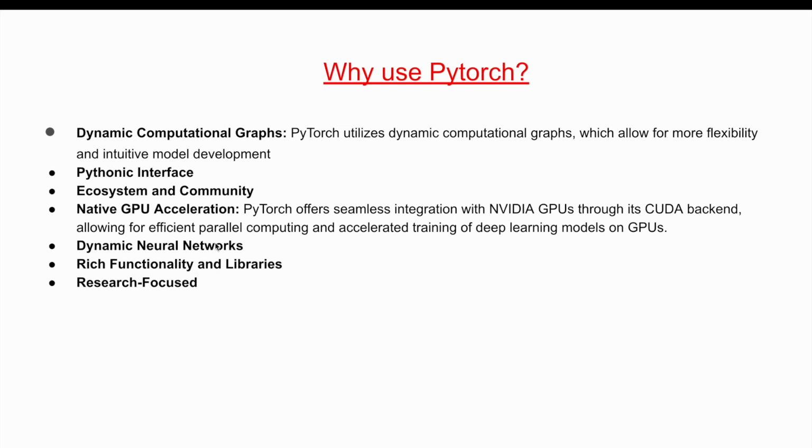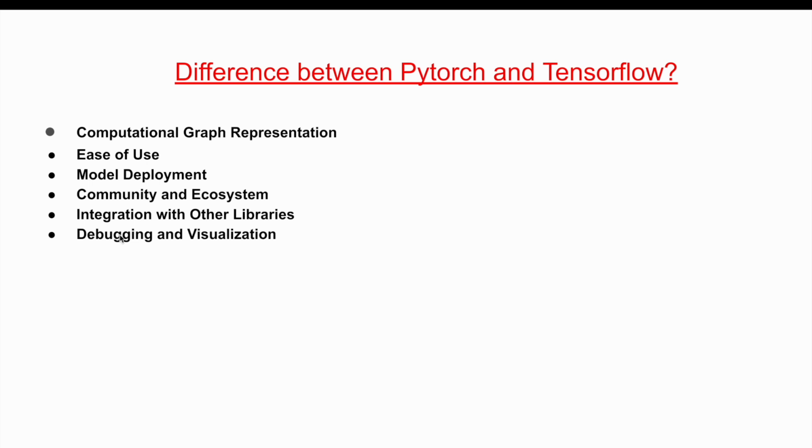And next, we can talk about differences between PyTorch and TensorFlow. TensorFlow is another machine learning, deep learning framework that is used to pretty much accomplish most of the things that PyTorch is also used for. TensorFlow was developed by Google. PyTorch was developed by Facebook, or Meta, currently Meta.